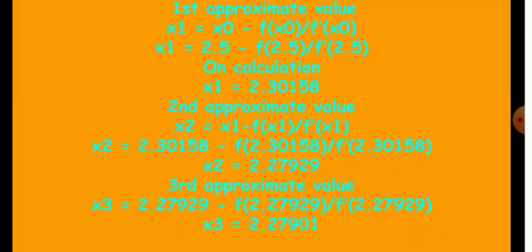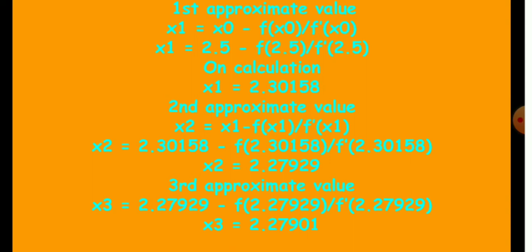Here the first approximate value is, substituting the value of x0 in the formula, x1 equals x0 minus f(x0) by f dash x0. With the scientific calculator, we substitute the value: f(2.5) is 2.5 whole cube minus 3 into 2.5 minus 5, and f dash 2.5 means 3 into 2.5 whole square minus 3.